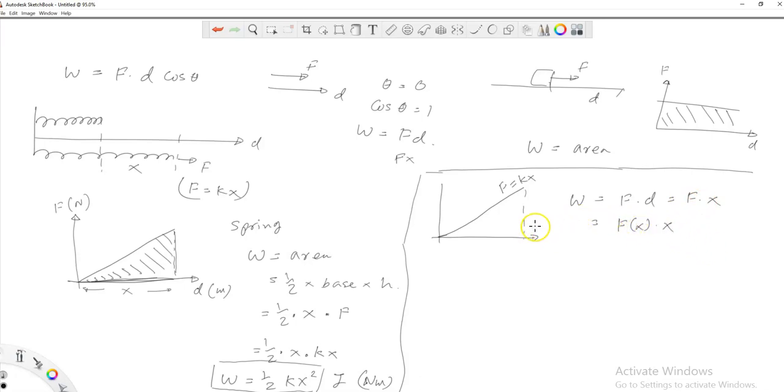Now since the force is changing with distance, since it's not a constant, we can't simply multiply them. What we do is integrate it from the starting point to the end point, 0 to x, F(x) dx. We take a small area like this.